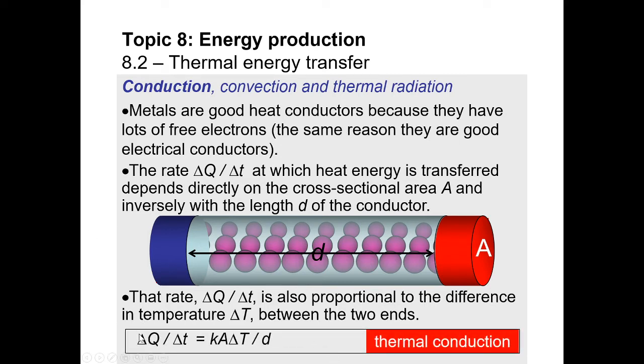We know that the rate of energy flow per unit time is directly proportional to the area A, to the temperature change delta T, and inversely proportional to the distance that the energy has to travel, D. And when things are proportional, we can set them equal with a constant. And this K is not just any constant, that's called the thermal conductivity constant. We'll see that on the next slide.